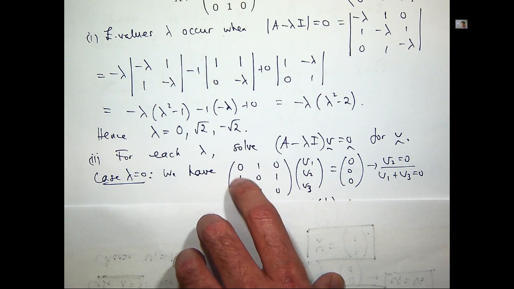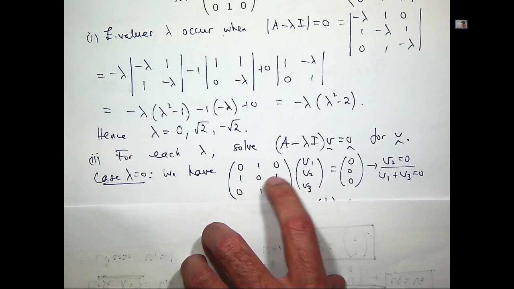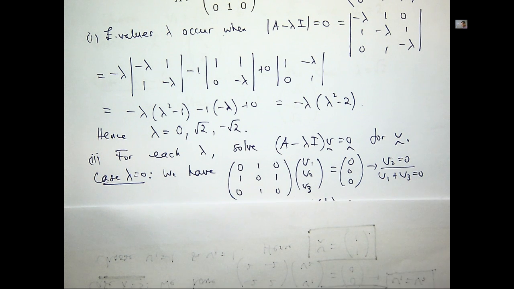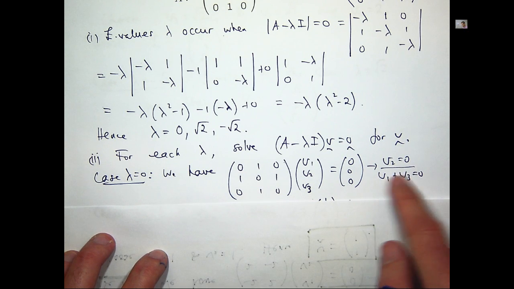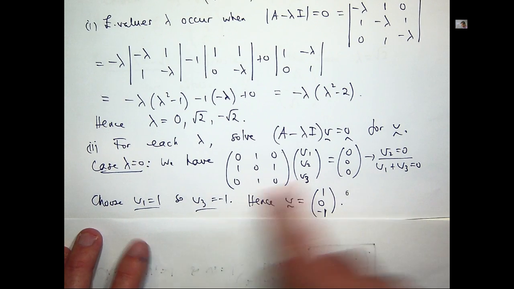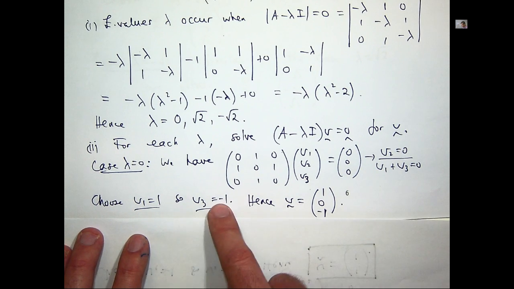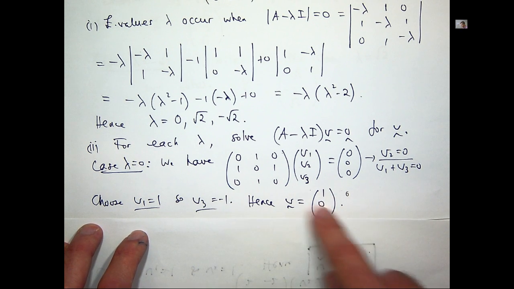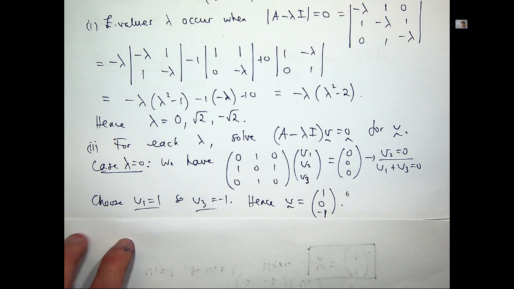The middle row, 1 times v1 plus 0 times v2 plus 1 times v3, that tells me v1 plus v3 equals 0. So from that combination of information, what I want to do is come up with some sort of eigenvector. Well, v2's got to be 0, and if I choose either one of these, I can get the other one. So I've just chosen v1 to be 1, so v3 will be negative v1, negative 1.